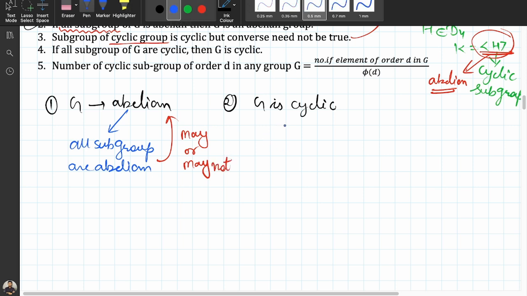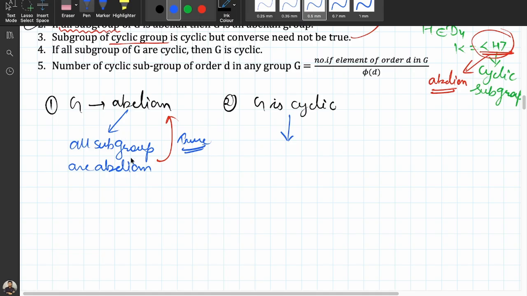Next, if G is cyclic, then all subgroups are cyclic. From here, true. Now you may ask, sir, why? In an abelian group, all subgroups are abelian.